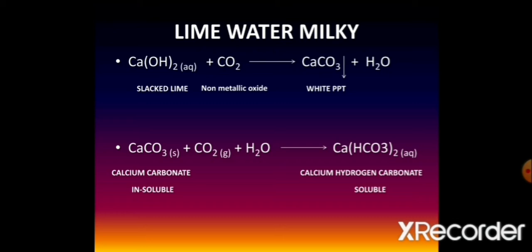It forms completely soluble calcium hydrogen carbonate solution, and this calcium hydrogen carbonate solution is completely soluble in water. It proves that when acid reacts with metal carbonate or metal bicarbonate, it releases the CO2 gas.